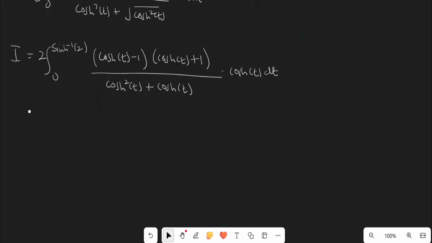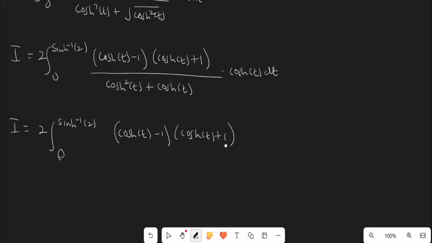We are almost there. So I is going to be 2 times the integral from 0 to the sine hyperbolic inverse of 2 of cosine hyperbolic of t minus 1 times cosine hyperbolic of t plus 1, divided by cosine hyperbolic of t.